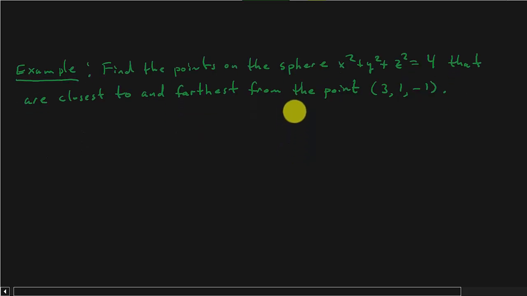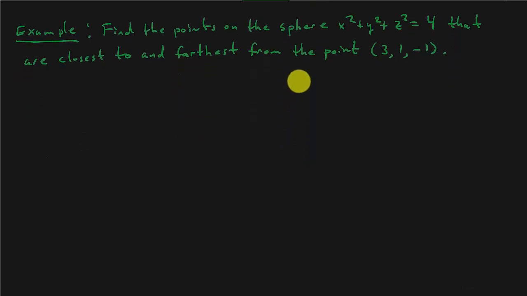All right. I left myself plenty of room to work on this section. Find the points on the sphere x squared plus y squared plus z squared equals 4 that are closest to and farthest from the point 3, 1, negative 1. All right.